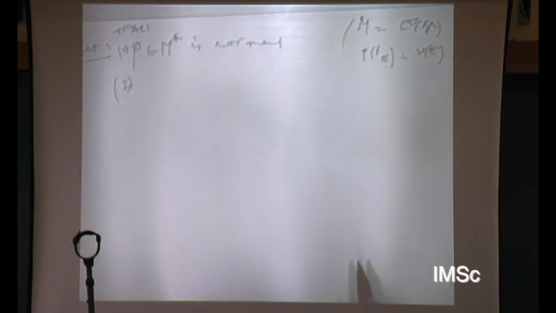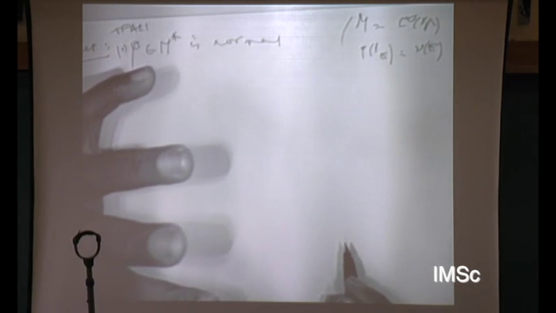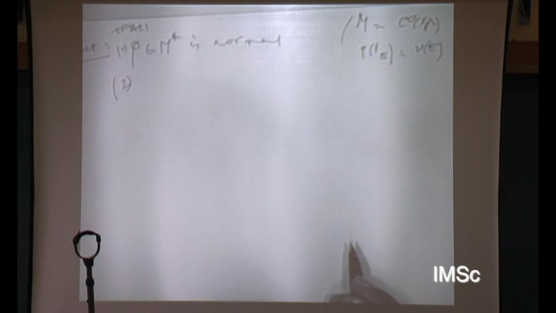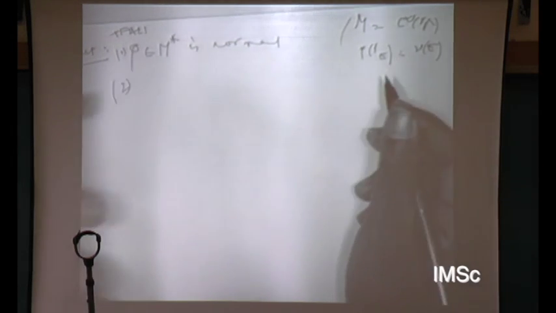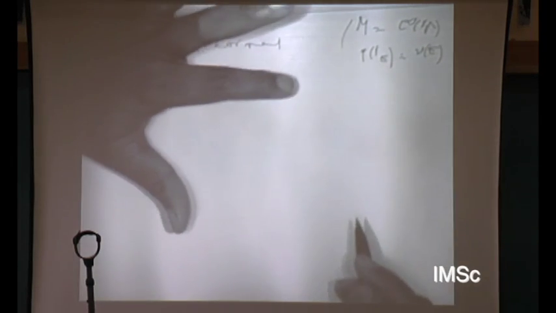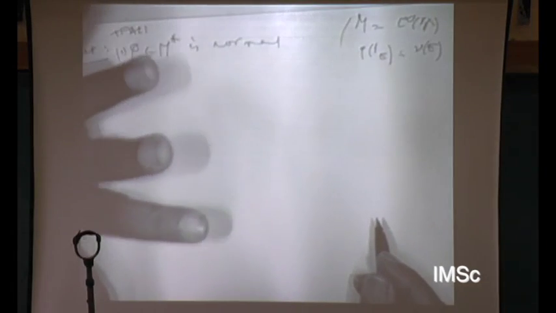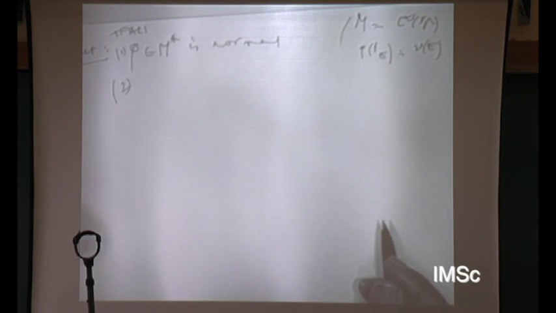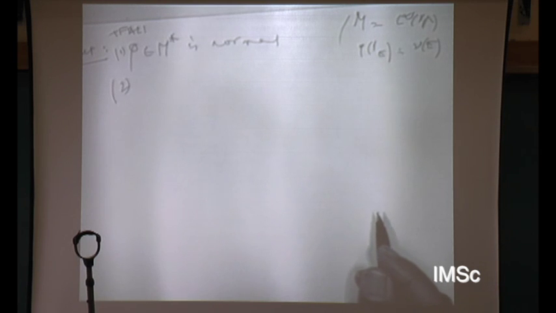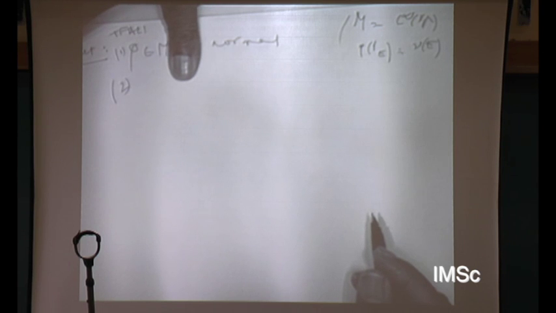But normality is something more. It is like saying you want countable additivity. You must think of normality as something like countable additivity. The difference between countable additivity and finite additivity, this M upper star is finite additivity.